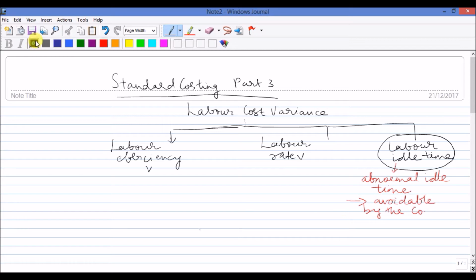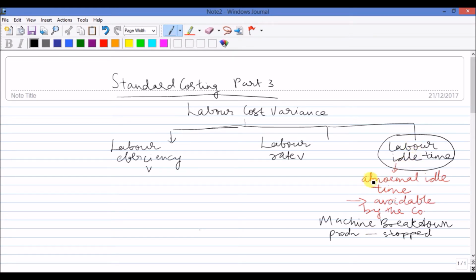For example, there is a machine breakdown. It means the machine is not working, and as a result the production has stopped for a few hours. This kind of time which is wasted is called labor idle time.